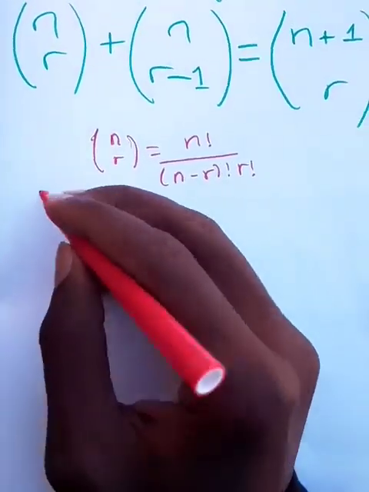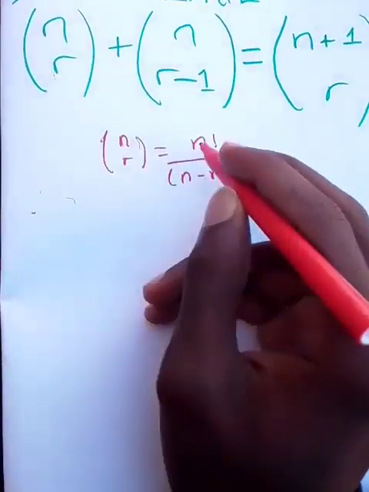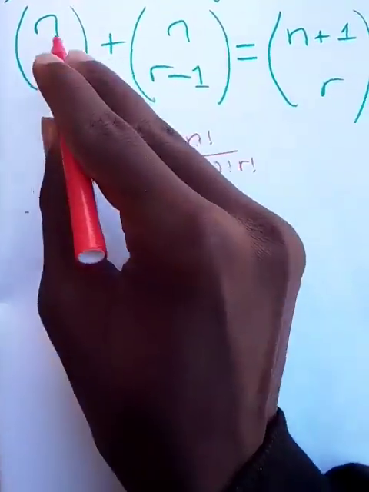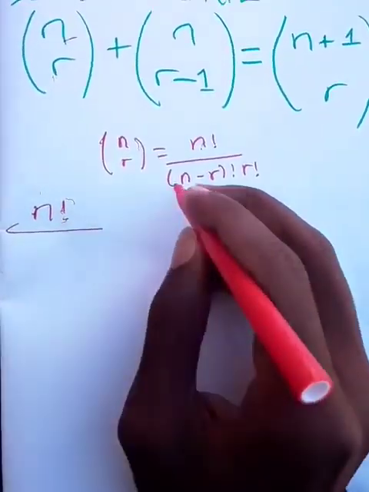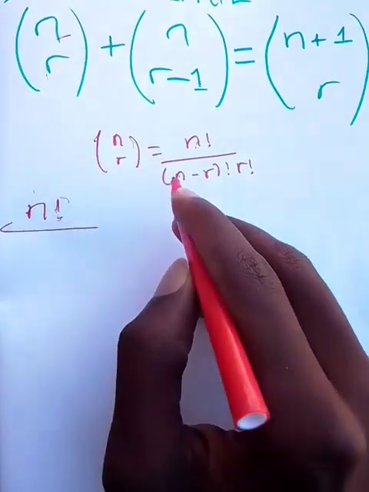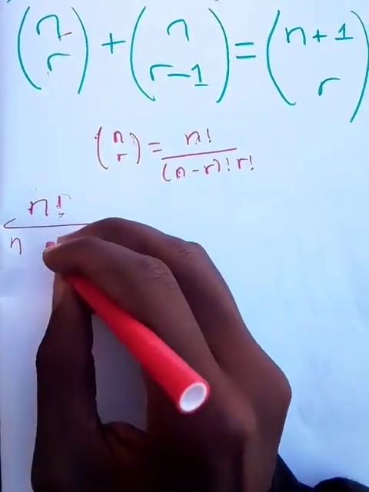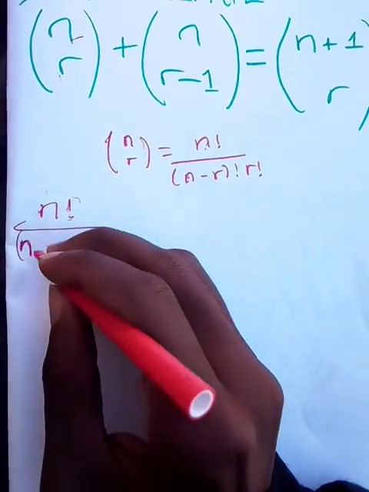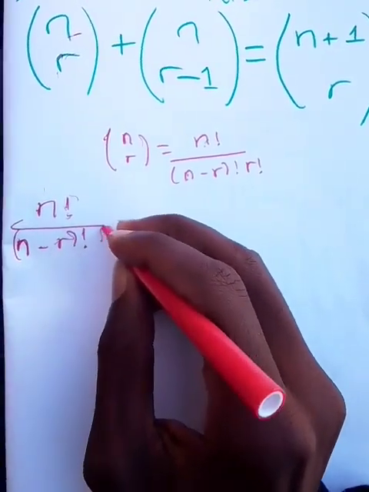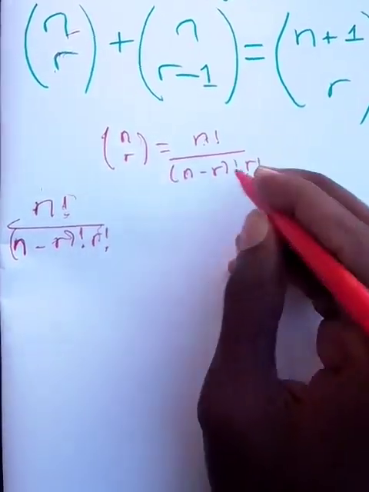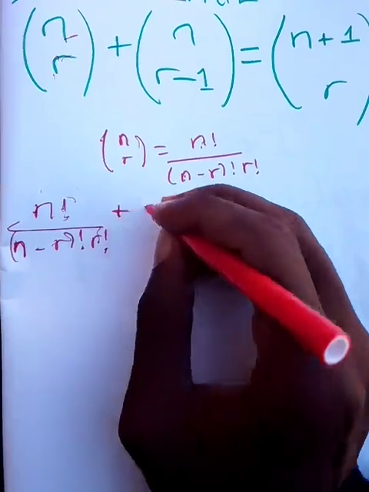Let's begin with this one. Where is n? I'll replace what I have. So I'm going to have n factorial over n minus r factorial, and r factorial, because r is also r. Then we say plus.